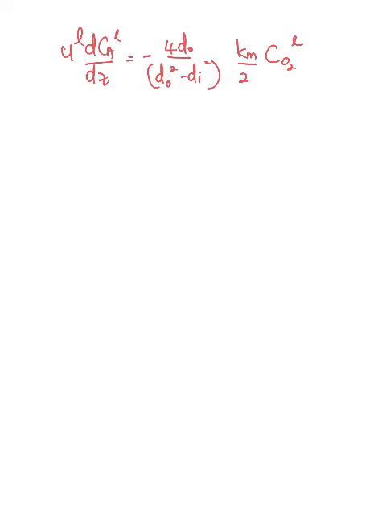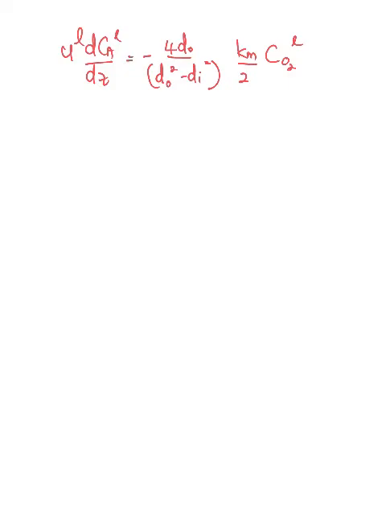I forgot to calculate Km. Km is not given in the question, but the reaction occurs in a cylinder, so we can calculate the Km value, and the diffusivity is also given.